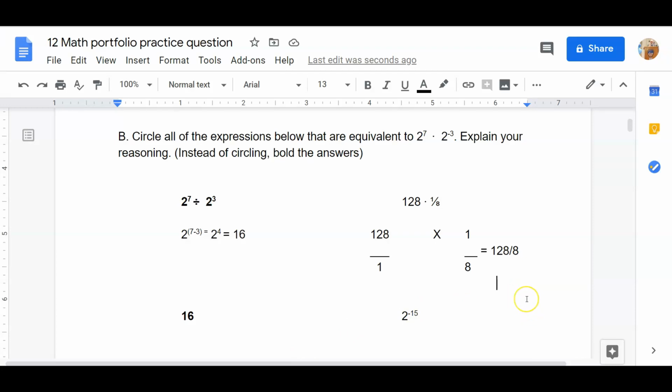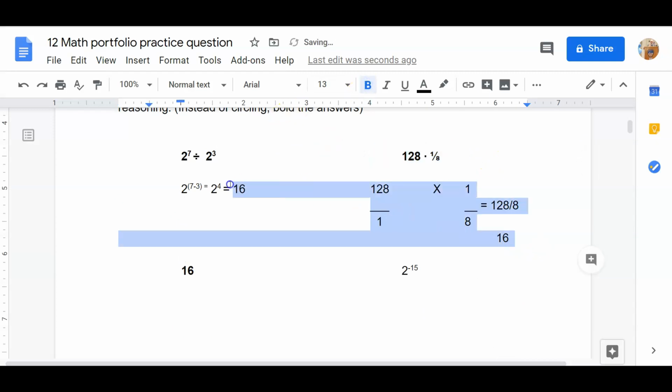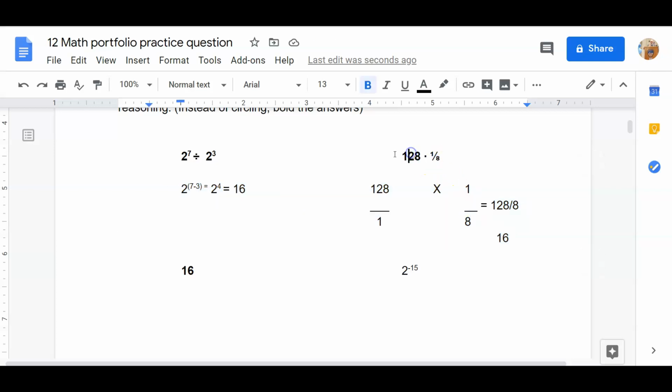Is 16 equal to 16? Yes, it is. So you would bold this. Don't bold your work. I don't need you to bold the work you show. Bold the answers you pick.